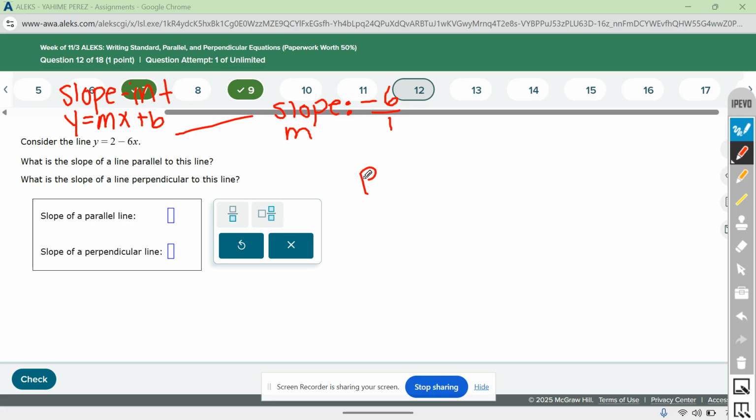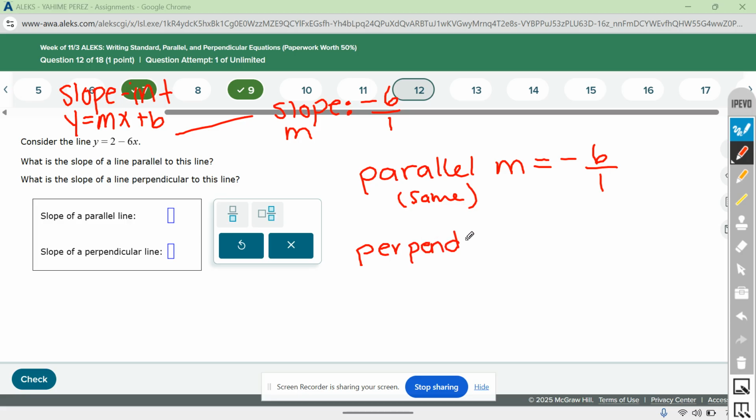So what would be the parallel slope? That would be negative 6 over 1 because same slope. And the perpendicular slope is the opposite reciprocal, which means I change the sign and I flip the fraction.